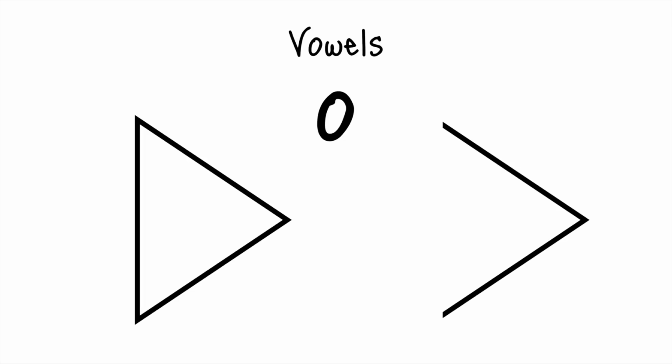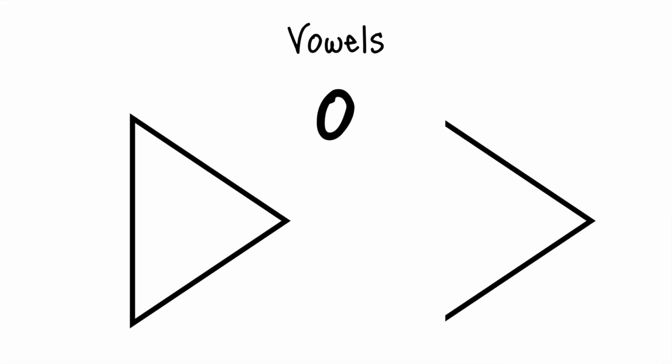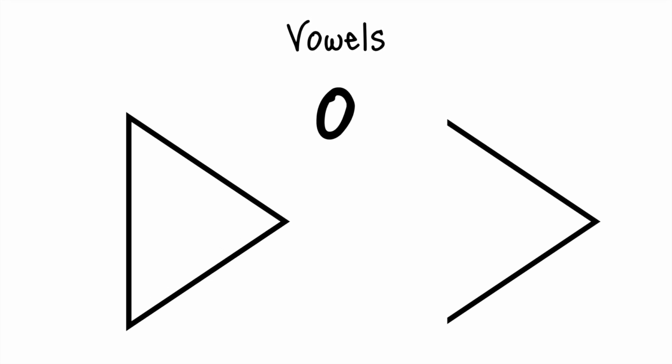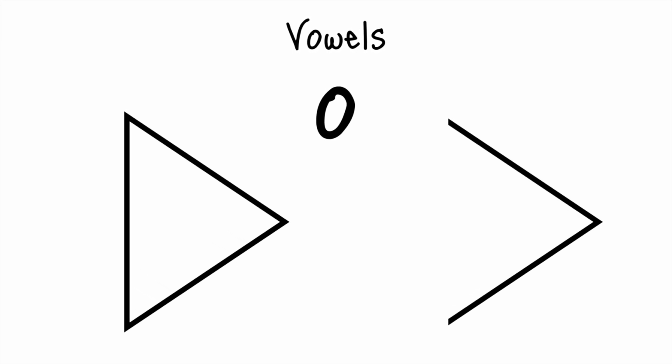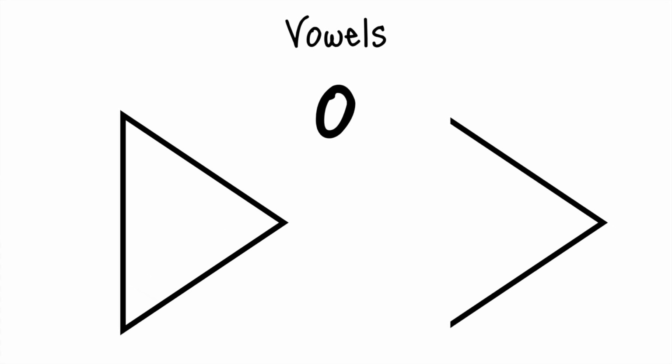Moving on to the O vowels. They are both approximated to the letter O and are represented by the following 2 triangles. The closed triangle on the left makes an O sound, like in the word orange.